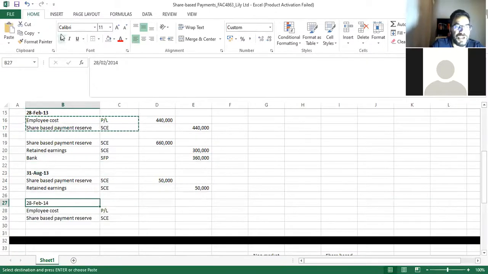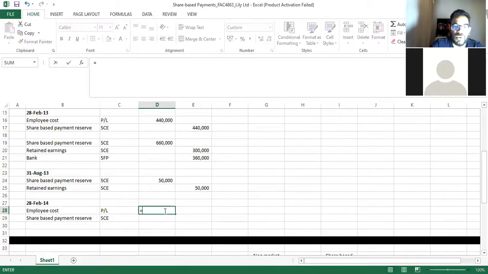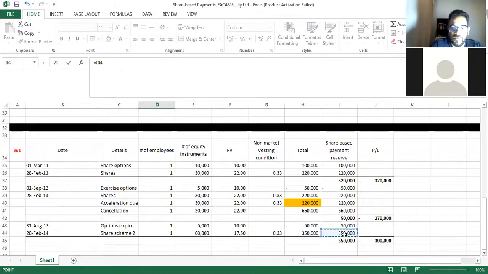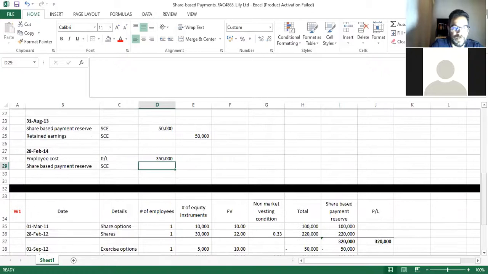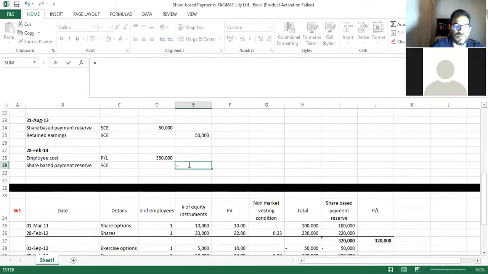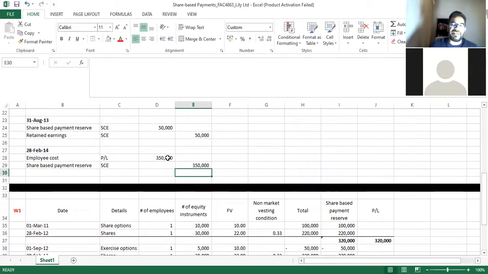Debit employee share scheme, credit share-based payment reserve with a 350. So this is a typical question with share-based payment reserve journal entries.